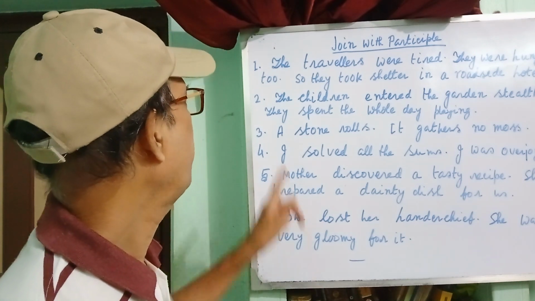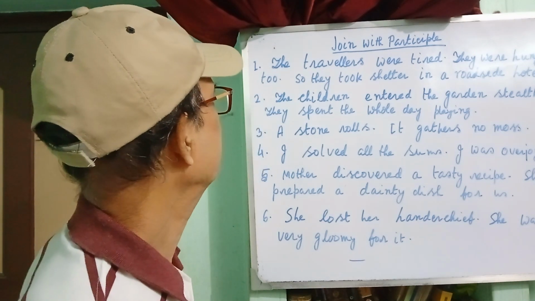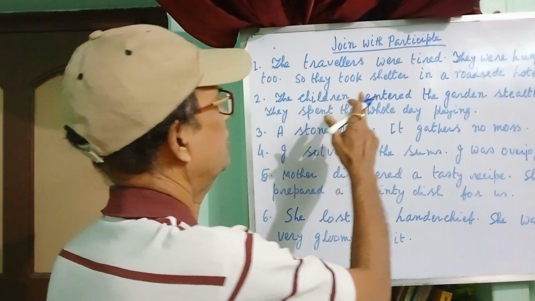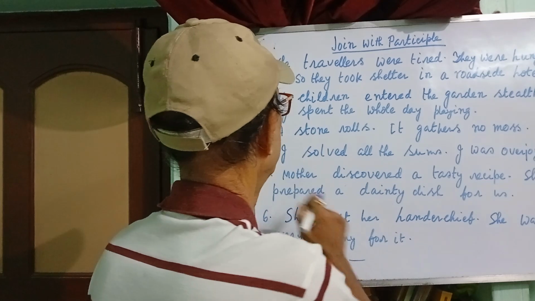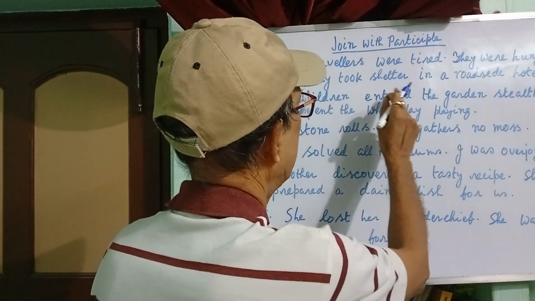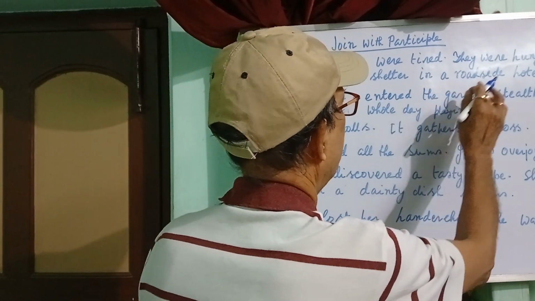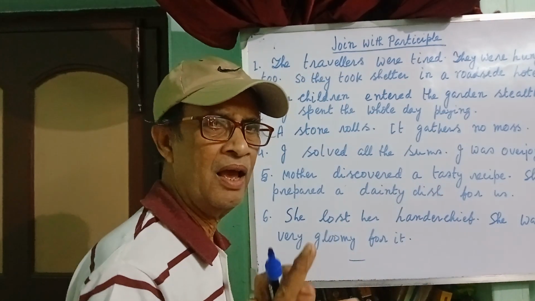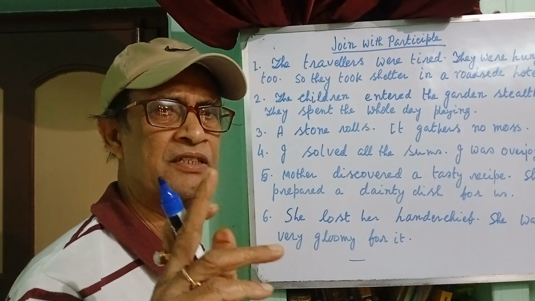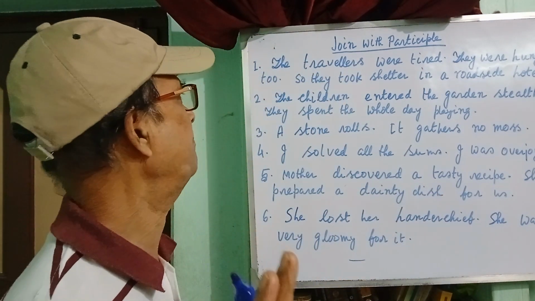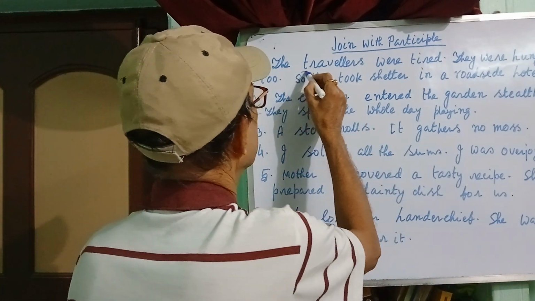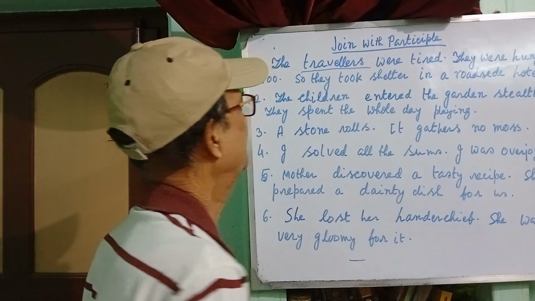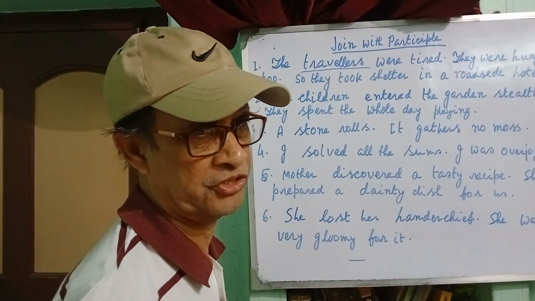And my first item is: The travelers were tired. They were hungry too. So they took shelter in a roadside hotel. You see that the subject is the same person or the same persons. The subject is the travelers.